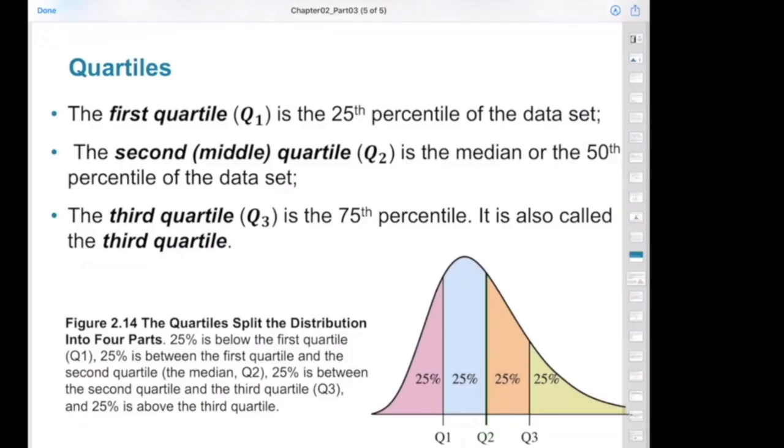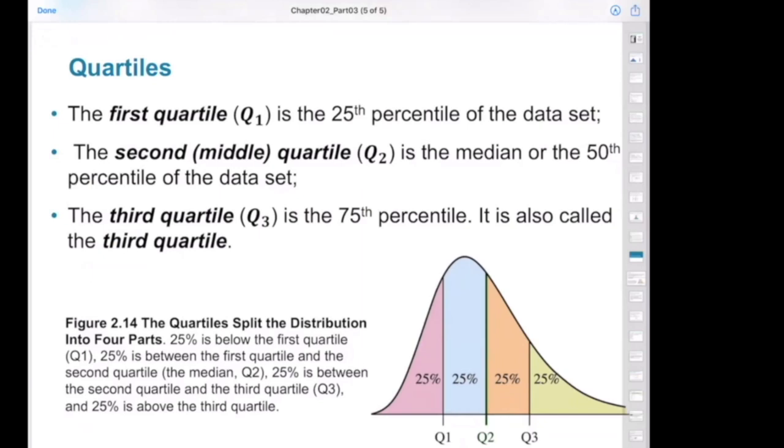These statistics are something we call quartiles. The difference between percentile and quartiles is one thing: percentiles are for tenths, quartiles are for 25%. Okay, so this is the only difference. So the quartiles divide the distribution into 4 areas.